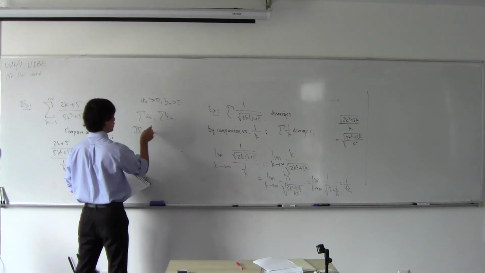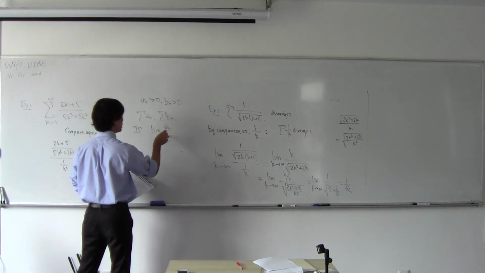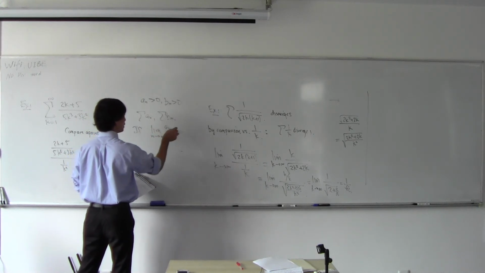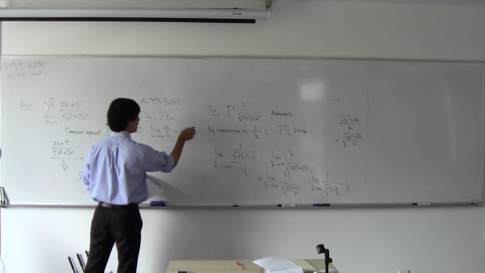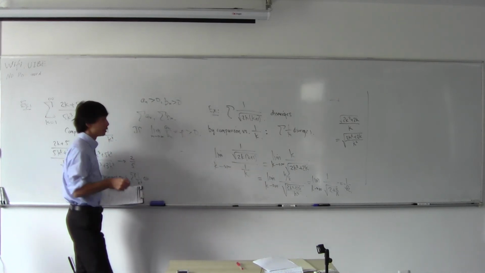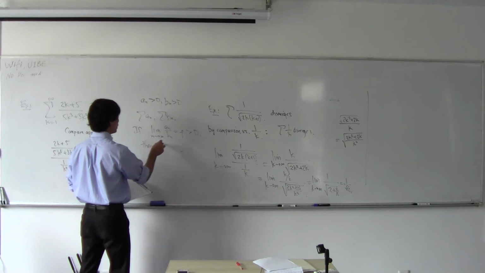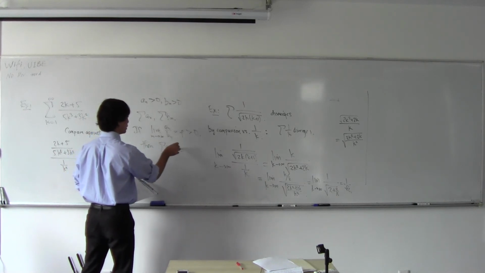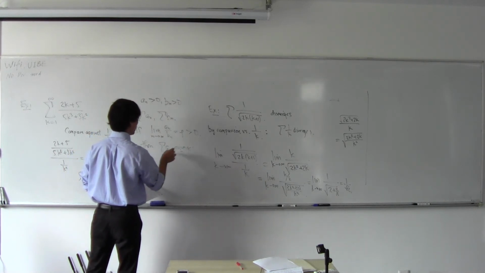If the limit of a sub n over b sub n, as n goes to infinity, equals some number, and that number is bigger than 0, then this one converges if and only if the other one converges.